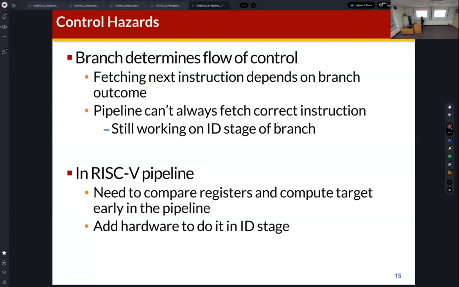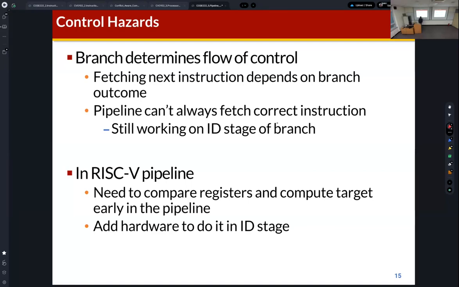We will learn about exceptions later, but you can understand that if the program counter of the next instruction is updated, then a control hazard can be caused. So control hazard can be observed.